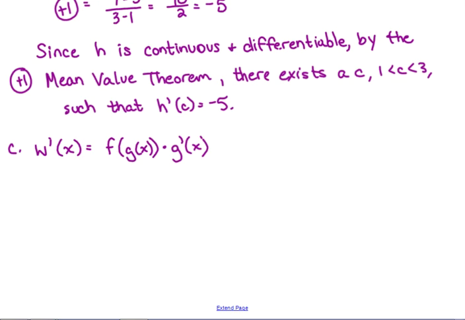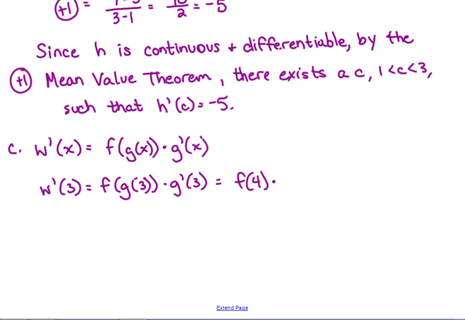So W prime of 3, let's plug in 3: f of g of 3 times g prime of 3. Let's see here, g of 3 is 4. G prime of 3 is 2. F of 4 is -1, so we get -2.